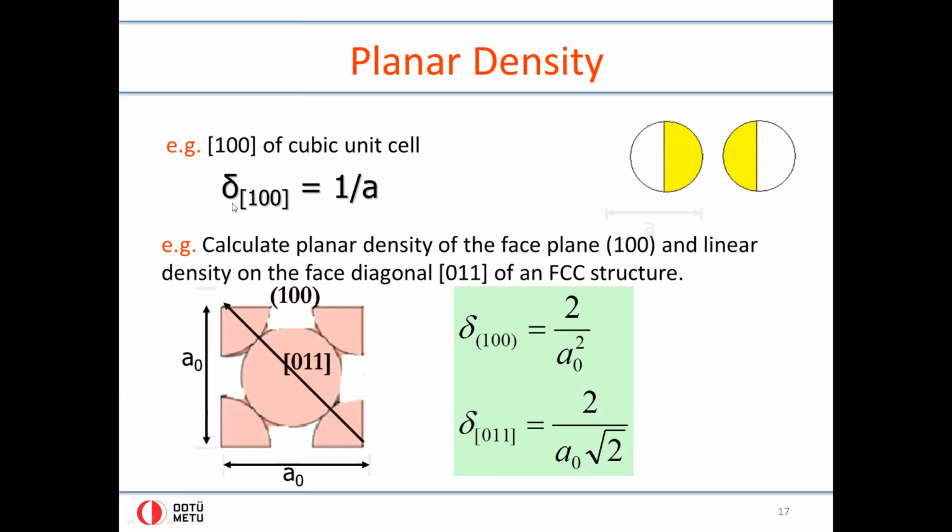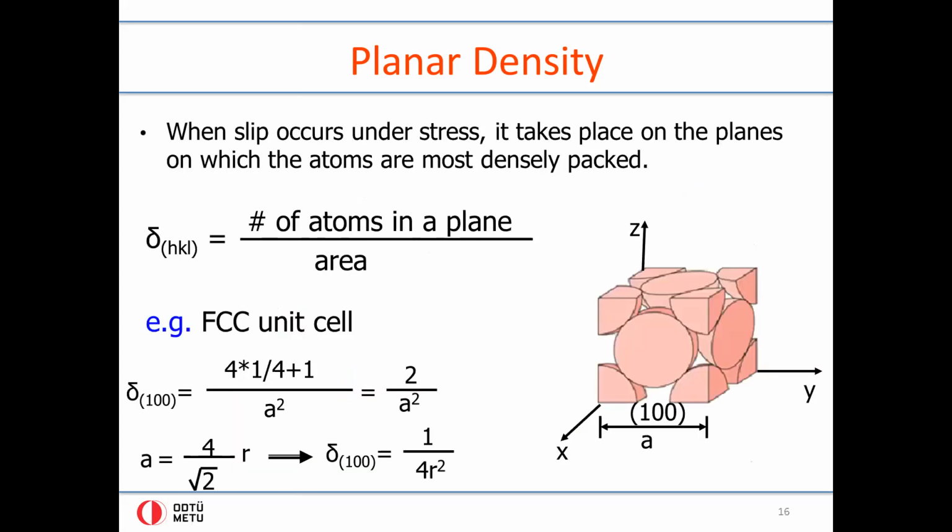So for the density of this direction, hence a linear density indicated by the brackets here, you could look at the length, the direction of 1, 0, 0. So for a cubic unit cell, the direction of 1, 0, 0, let's go back to the example in the previous slide.